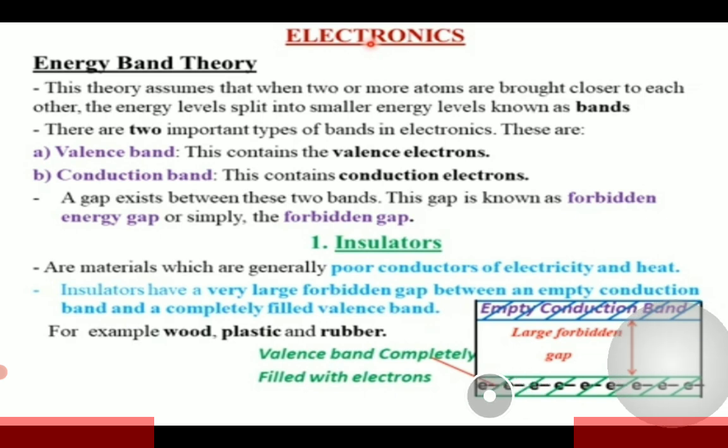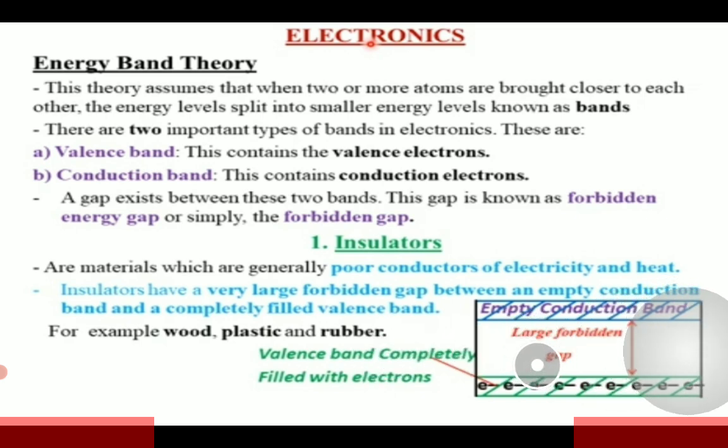The electrons are not free to move from the valence band to the empty conduction band. Because of that, insulators do not conduct electricity.